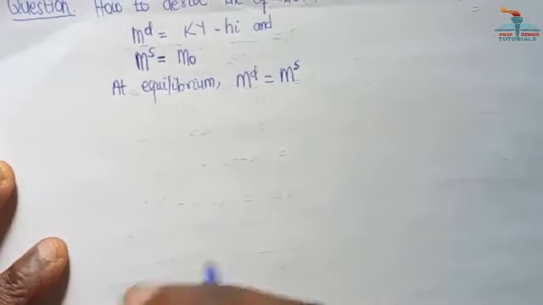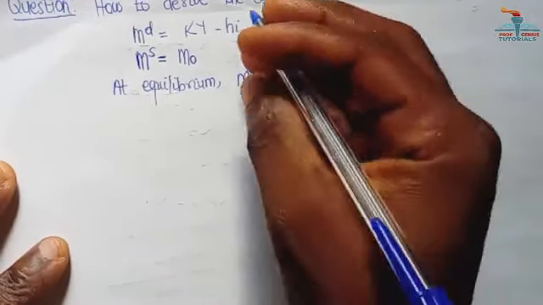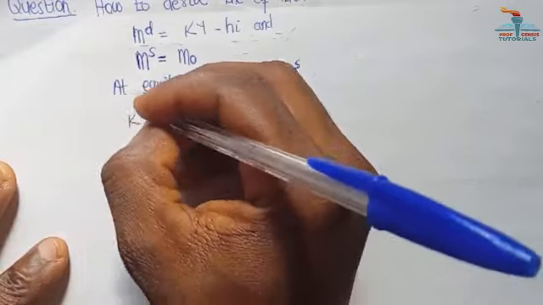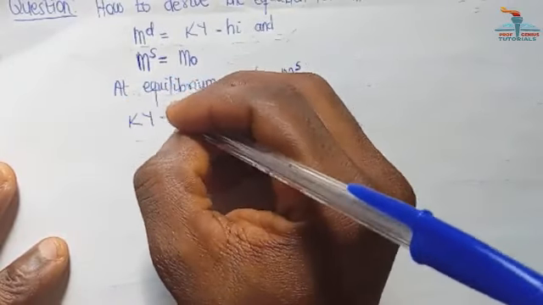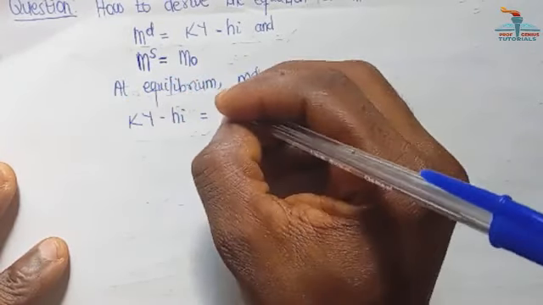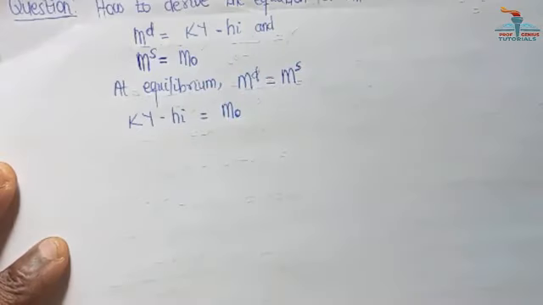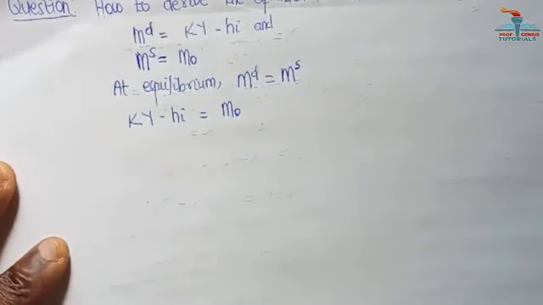So now let's see. We know our MD to be equal to KY minus HI, which equals M0. Likewise, as in the IS curve, we want to make I the subject, which is the interest rate, so that when combining, we'll be able to find our equilibrium income and our equilibrium interest rate.